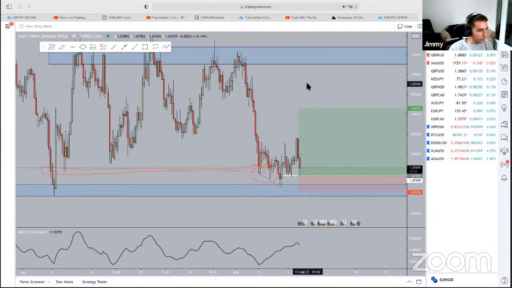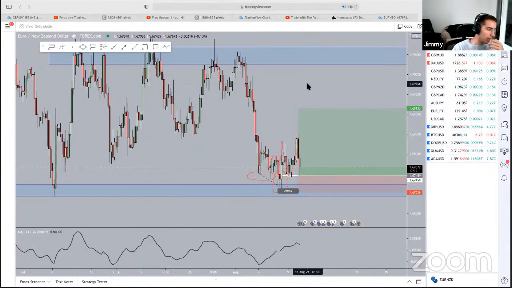And what I'm looking at is taking this zone as another block zone, because if this move grabs those stop losses and breaks this previous structure, it means buyers are now in control of the market at this point.